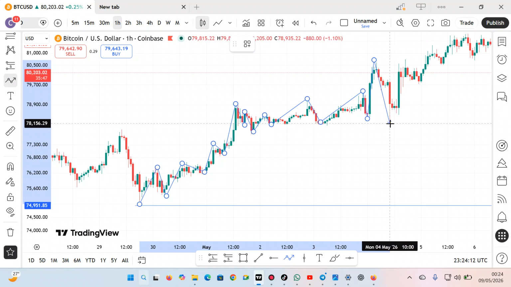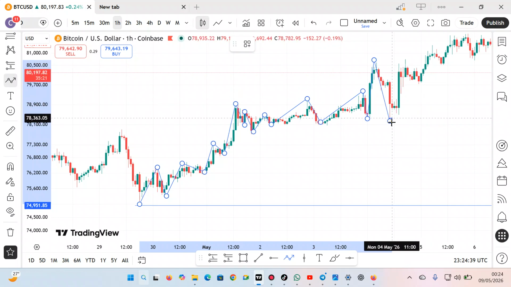Whenever the market does this kind of thing, you notice the market just came to take out something, to take out power to continue moving to the upside. The only time the market can do this is when the strength to continue moving to the upside has been exhausted.